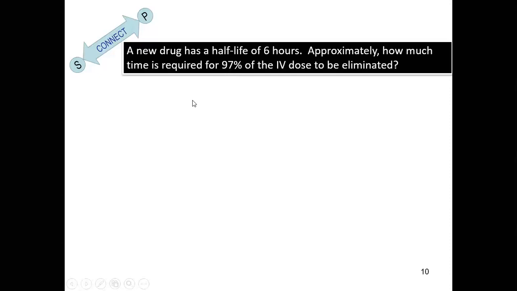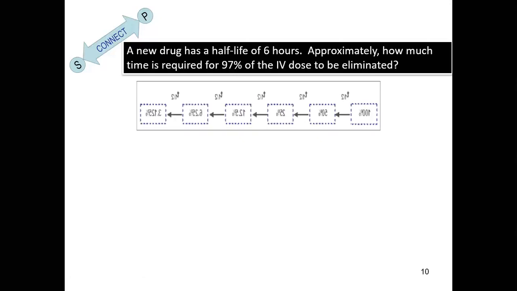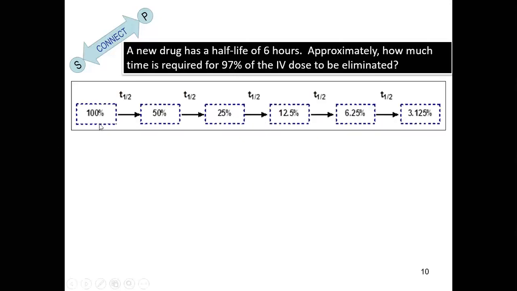If we understand the definition of half-life, the time required for the drug amount or drug concentration to decrease by 50%, we'll be able to calculate the time to eliminate 97% of the drug. We start with 100% of the dose in the system. After one half-life, we end up with 50%. After a second half-life, we have 25%, and so on.